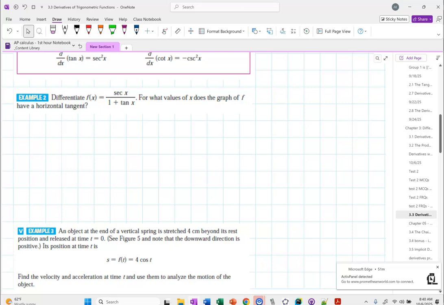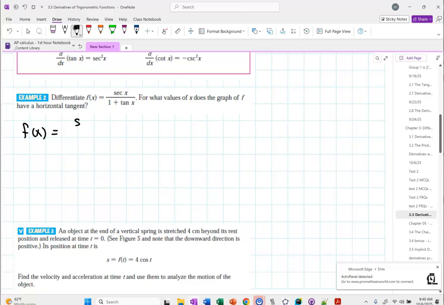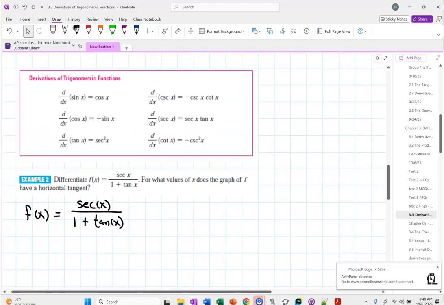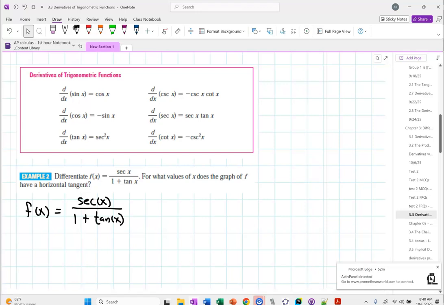Okay. So if you look at this, what does it look like we're going to have to use here? Looks like a quotient rule, right? Now, this particular quotient rule, I think is going to get kind of gross because I have 2 trig functions in here, both of which kind of get more complicated as I differentiate, right?